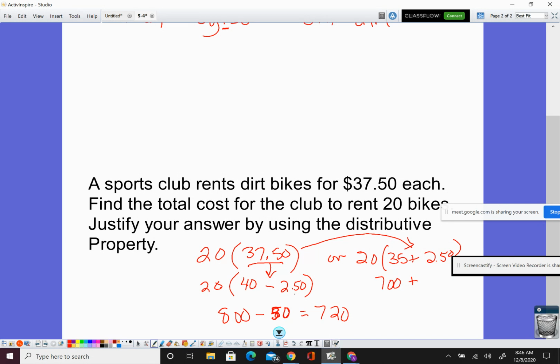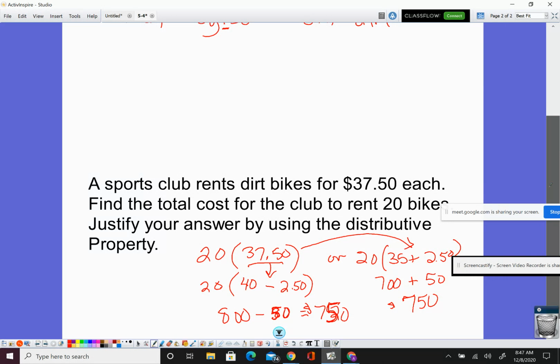The 2.50 times 20. Yeah, it's 50. Okay. I had 80 originally. So it wasn't making sense because this came out to be the same. So we want them to be the same. It's early, I can't multiply.